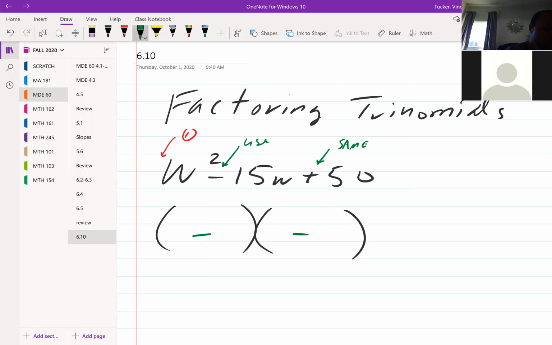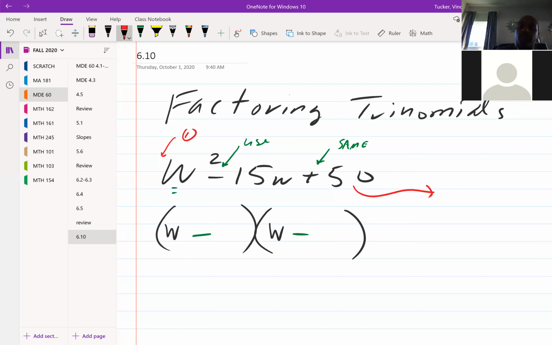All right. So right here, that w squared comes from w times w. So each one of your first terms in your parentheses will multiply together to give you a first term in your trinomial. And then your back term, we have 50.